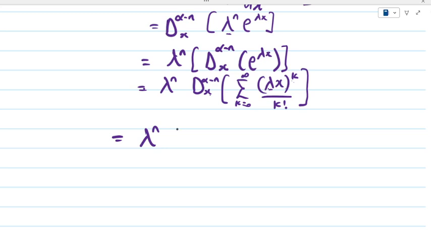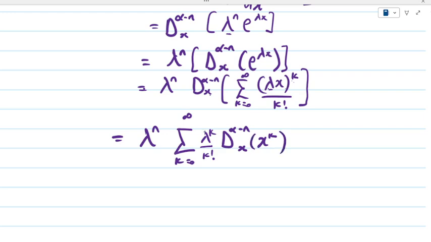We have the summation k equals 0 to infinity. Then we bring in the differentiation operator of order alpha minus n with respect to x. Since I'm differentiating with respect to x, any other thing I'll take outside, like lambda k over k factorial. Then I'm left with x to the k.